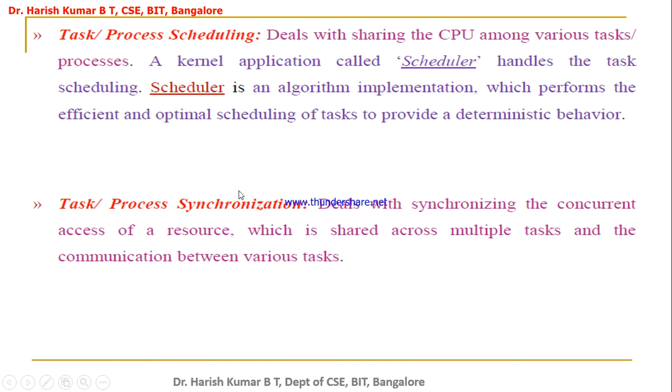And then process synchronization. When I say multiple processes are executing on the system and concurrently they want to access the shared resources, then you have to provide synchronized access to the shared resources. You cannot allow two or more processes to simultaneously access the resource.